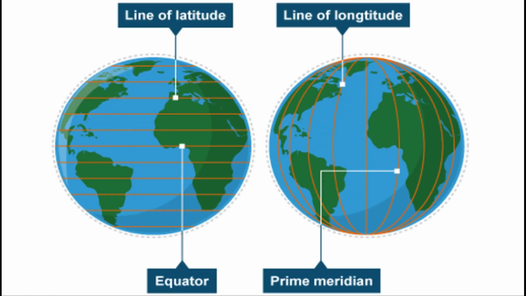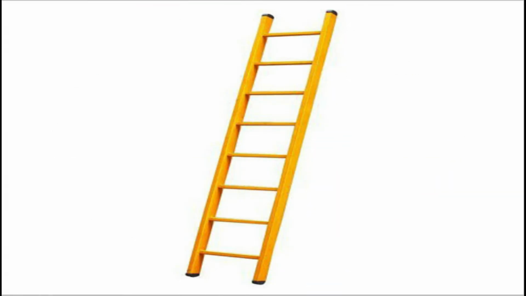It can sometimes be confusing to remember the difference between latitude and longitude. The easiest way to remember the difference is by associating the terms with different parts of a ladder.